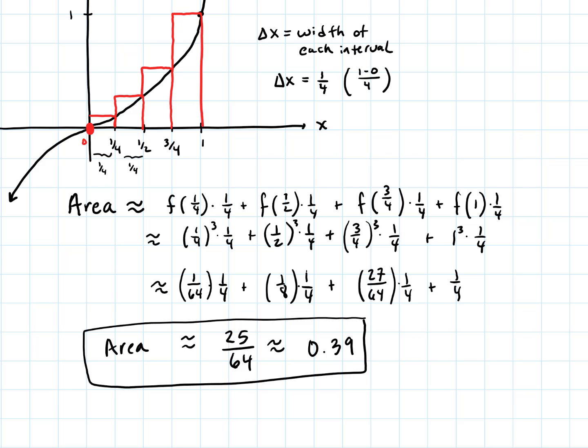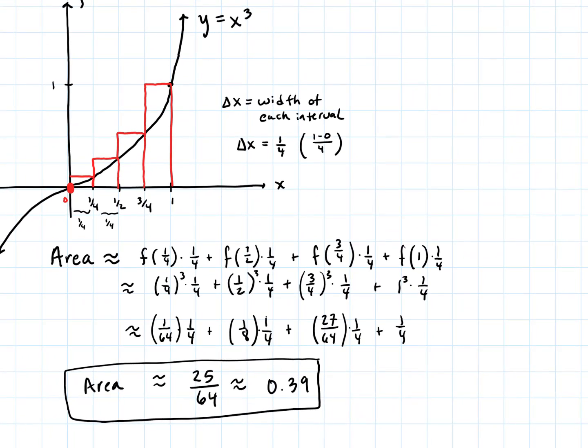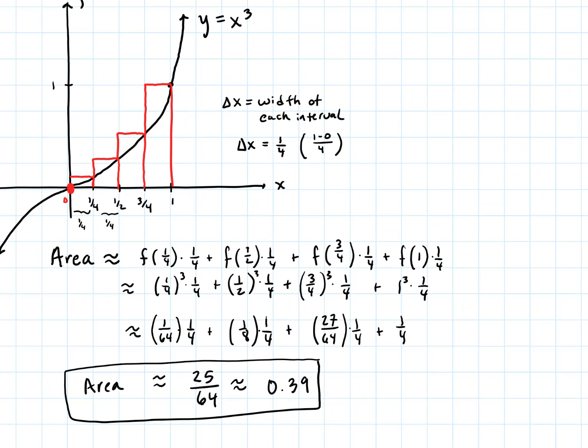Now, I want to be really clear. This is a definite approximation of the area under the curve y equals x cubed. You can see the rectangles we've drawn. If we were asked whether this is an over approximation or an under approximation, every single one of those rectangles is giving us more area than what was actually under the curve.